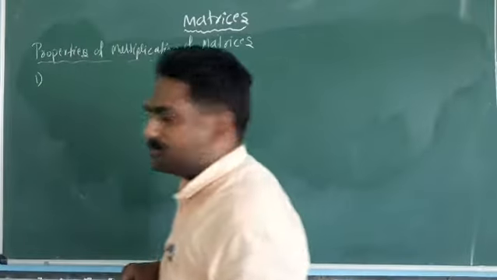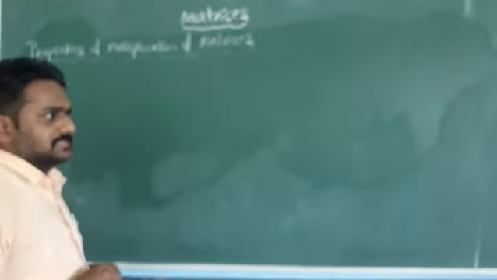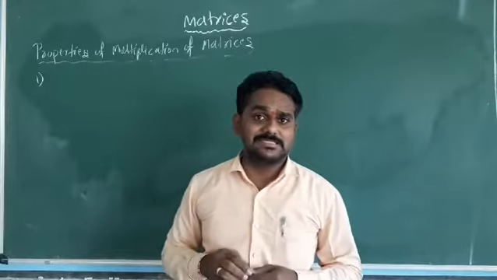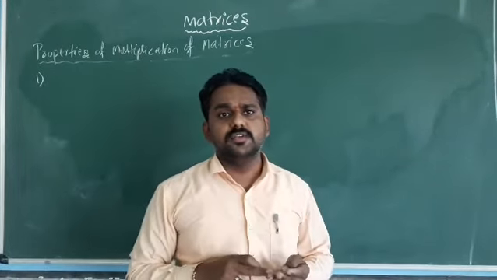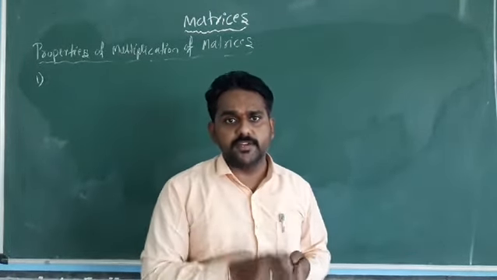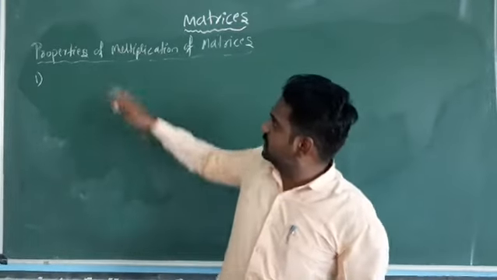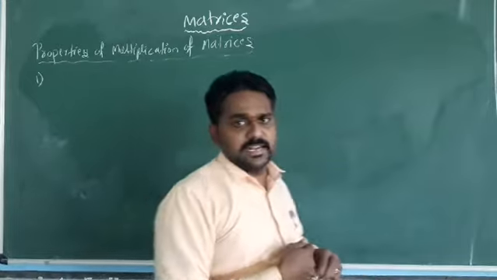Next concept, students: properties of multiplication of matrices. Already you learned the properties of addition of matrices: commutative, associative, existence of additive identity, existence of additive inverse. Now, properties of multiplication of matrices.